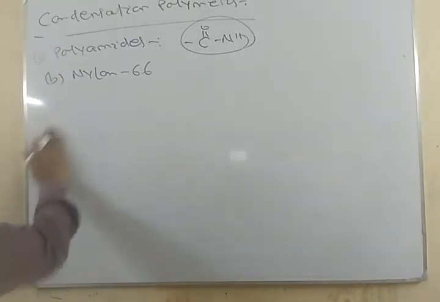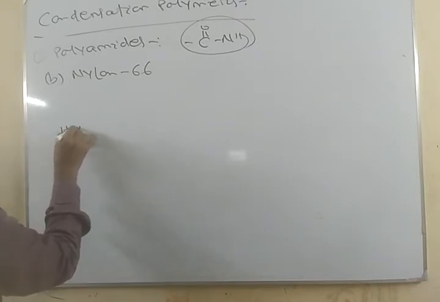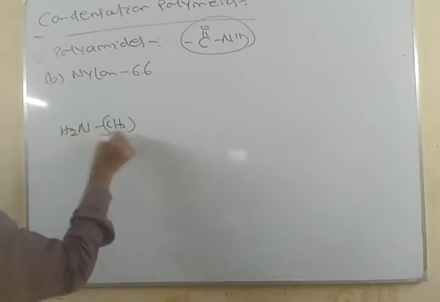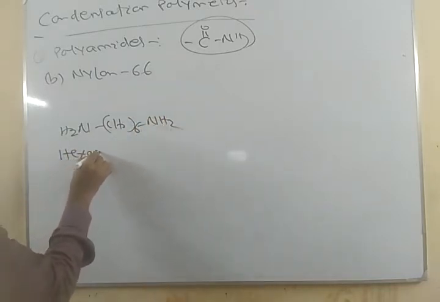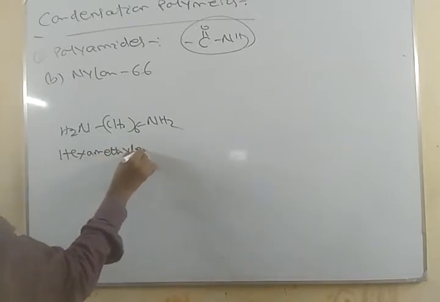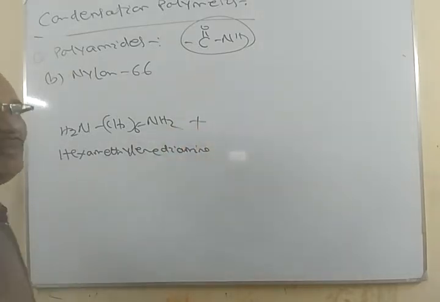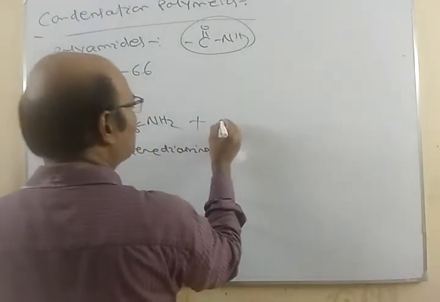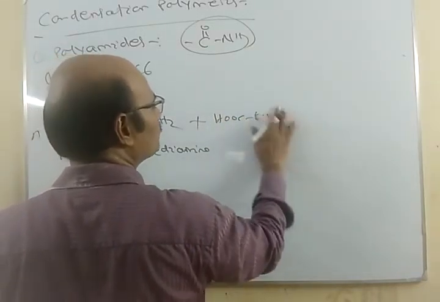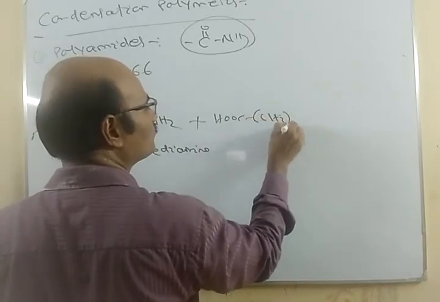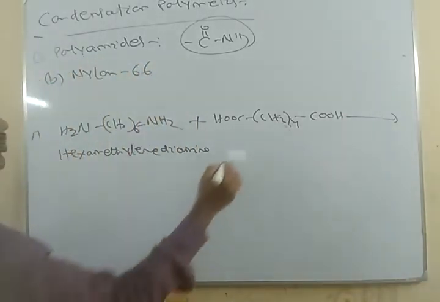One is hexamethylenediamine, H2N (CH2)6 NH2, hexamethylenediamine, and adipic acid. What is adipic acid? HOOC (CH2)4 COOH. Okay, this is called adipic acid.